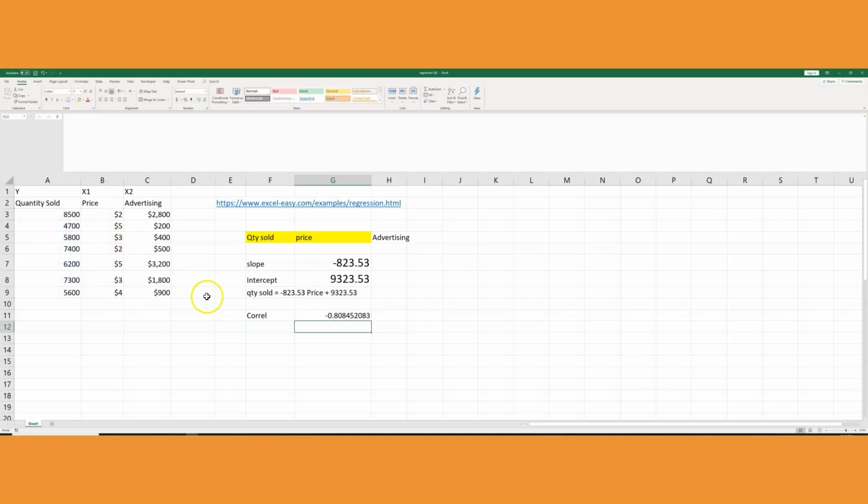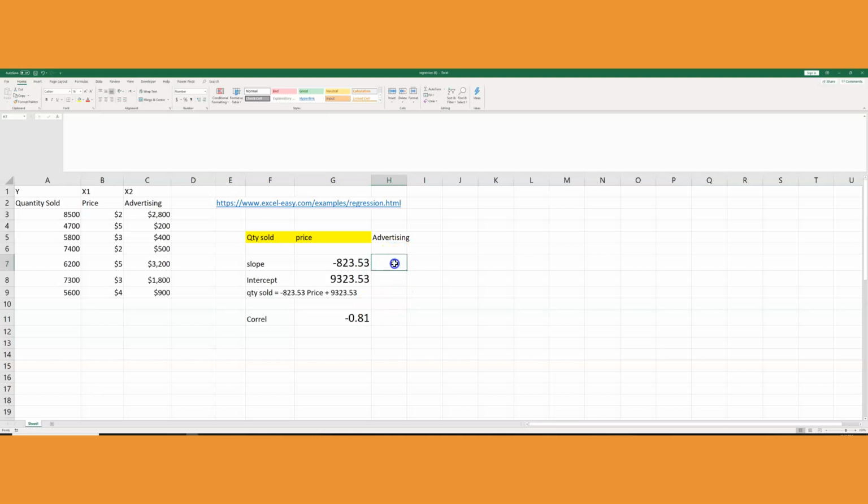And notice it's great to see that the correlation is strong, and it's minus 0.81. Whether it's negative or positive, it's closer to -1 or 1, and indicates a strong relationship between the two variables. In this case, 0.81 is really a decent one, but it's not as strong as having a 1.